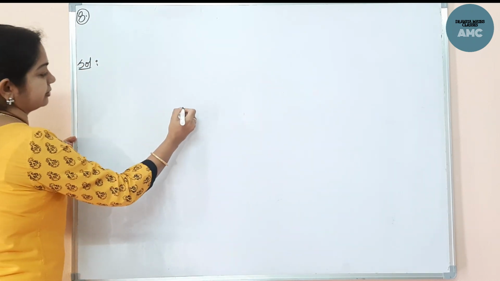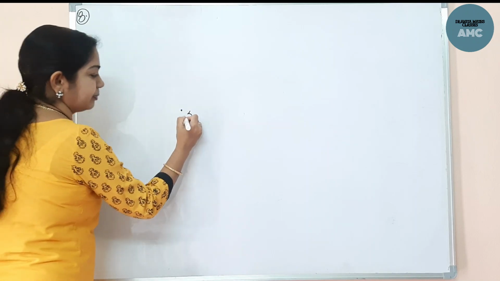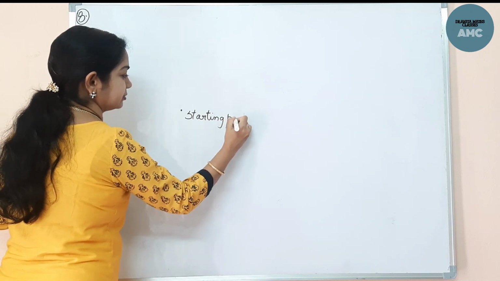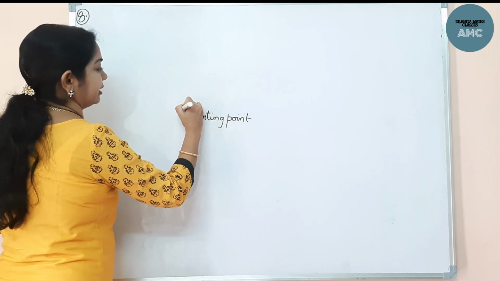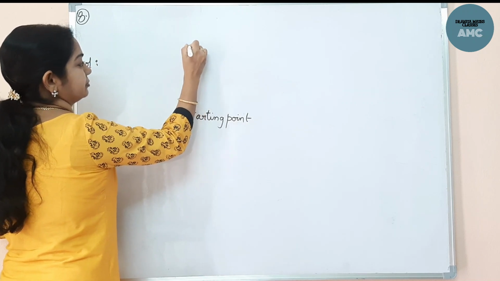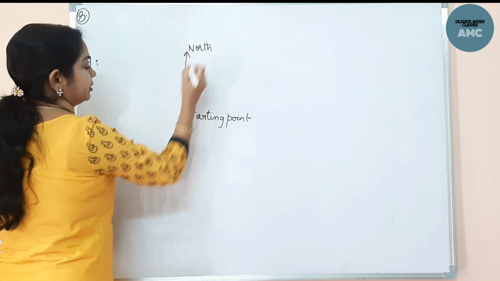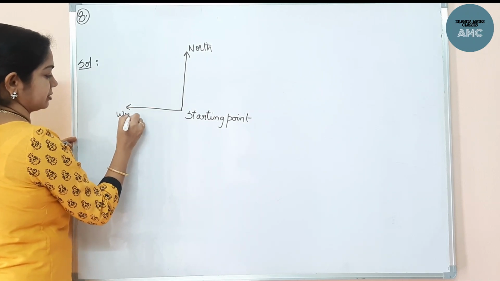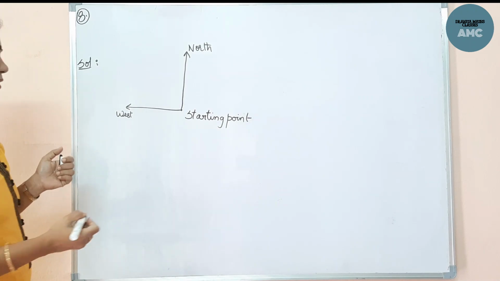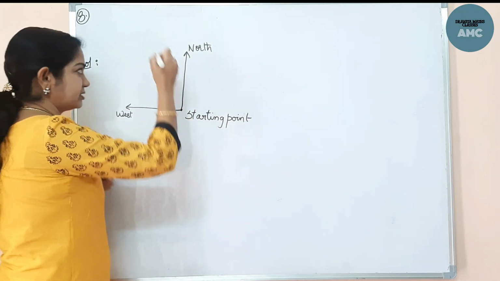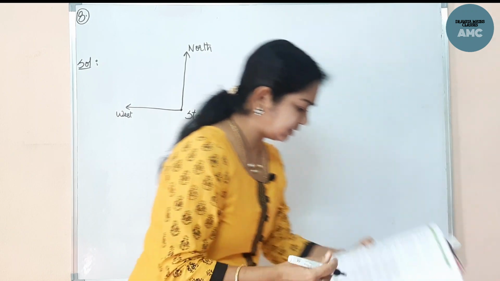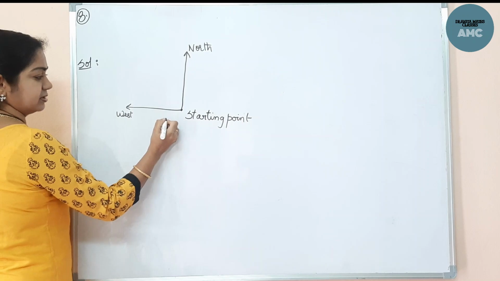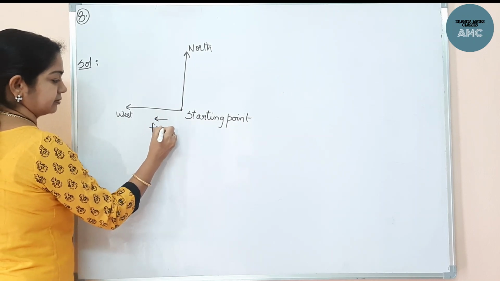Now if I draw the diagram, there are 2 trains. Let this be the starting point. They are starting at the same point. One train is going towards the north. Another train towards the west. Now, the first train travels west, so this is the first train.